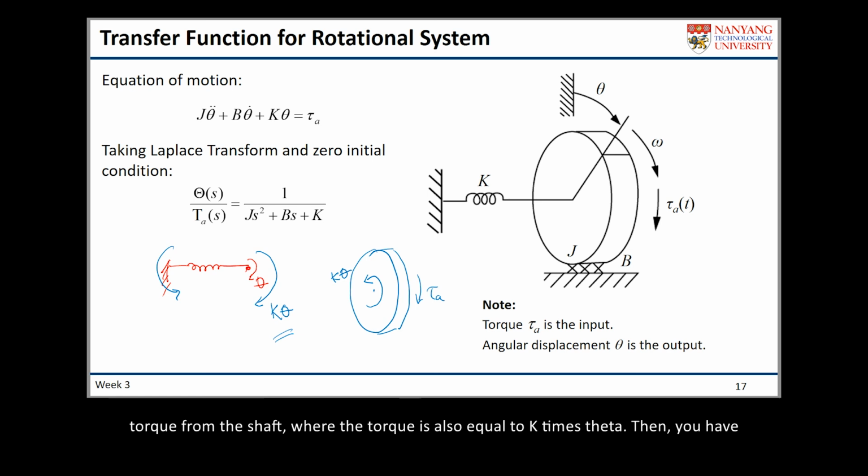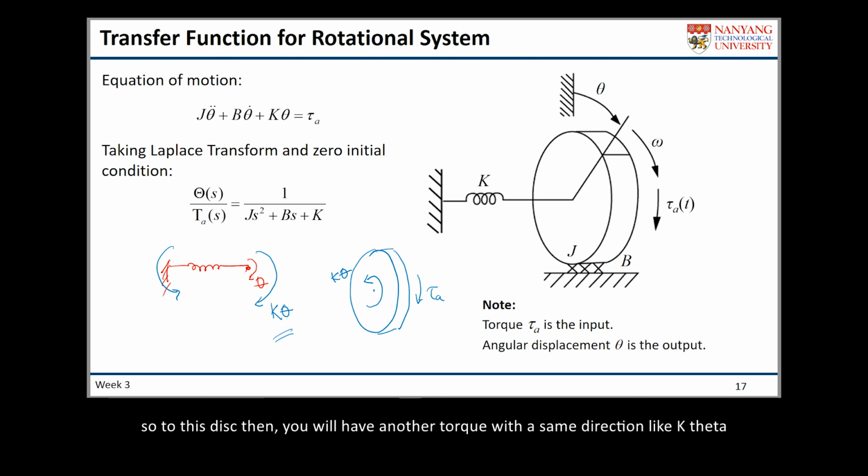Okay, but then you have the other element in the system, which is the damper. The property of the damper is similar to the spring. The only difference is that the torque coming from the damper is proportional to the rate of deformation. Direction-wise it will be similar to the spring.